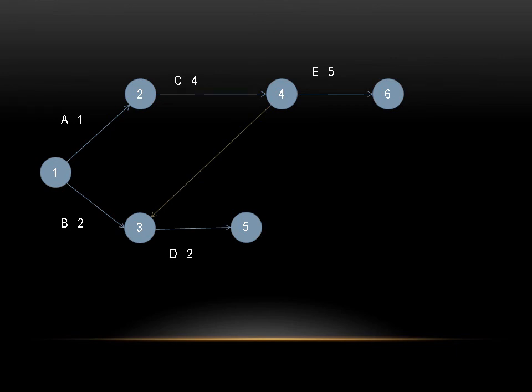E was preceded by C in the first case, and also D was preceded by C and B. C came twice, so you have to mark an arrow towards the other one which has no extra successor. Means C has two successors, E and D, but B has only one successor, D. So the arrow should be towards the one which has only one successor.